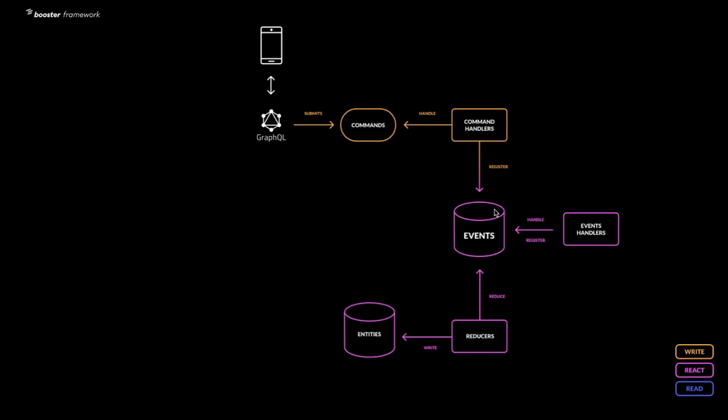You would have to reduce all those events, which could be millions. But Booster will be saving these entity snapshots periodically. So instead of starting from scratch, your reducer will start from the latest entity, which is much faster.